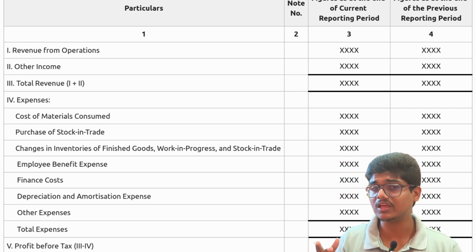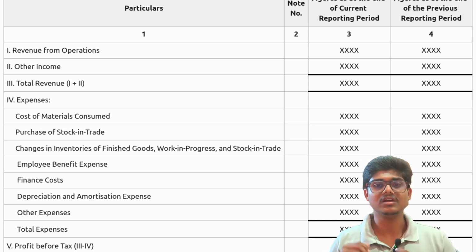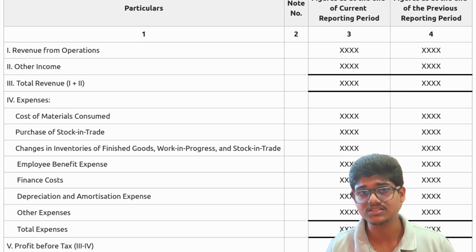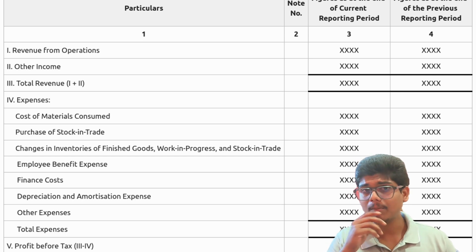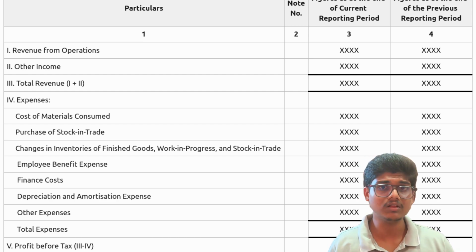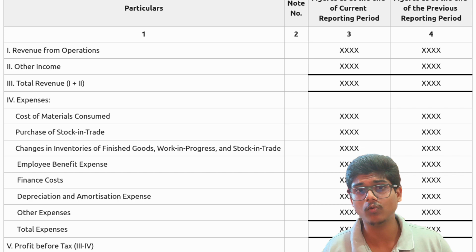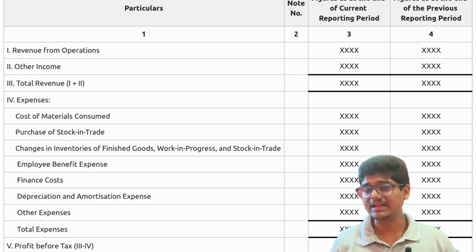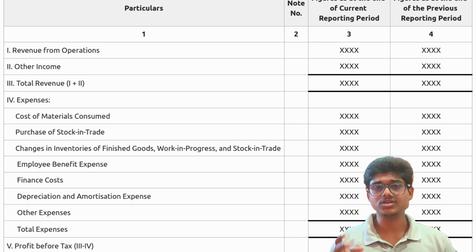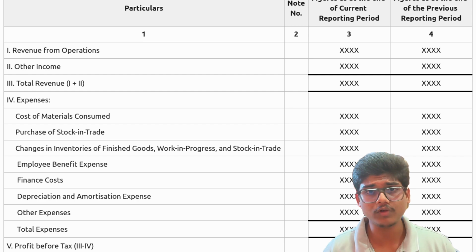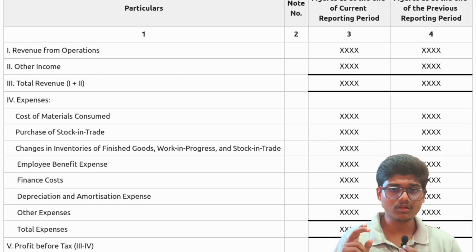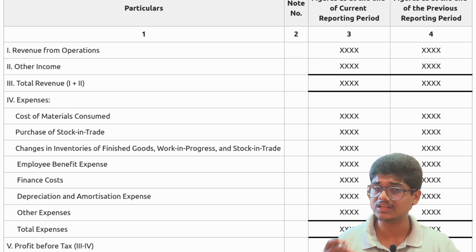Then the third very important thing is depreciation and amortization expenses. Means your company has plant and machinery, which will be depreciated annually. How much depreciation value was given previously and in the current year will be measured and the amount will be noted in this. Now the last, which is very important, is finance cost.